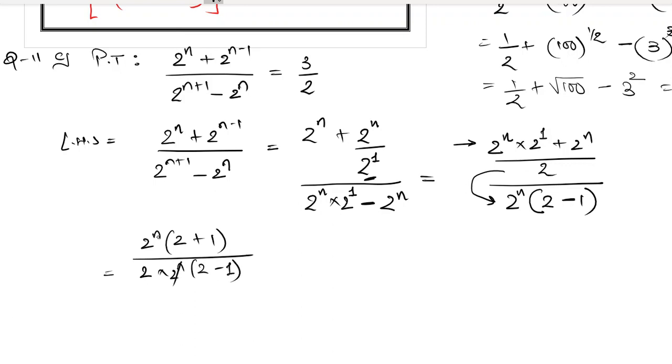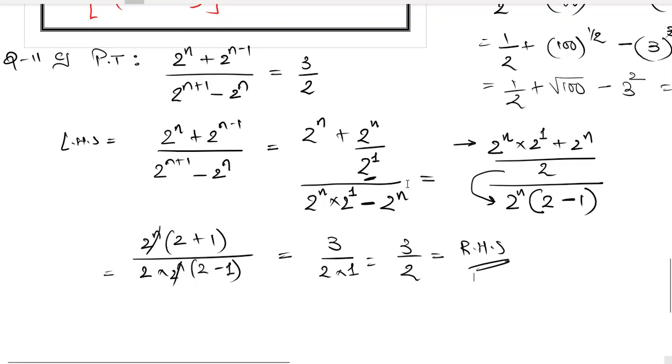So 2 raised to n, 2 raised to n gets cut. 2 plus 1 is 3, and in the denominator I'm going to get 2 into 2 minus 1 is 1, which is 3 by 2, which is nothing but your RHS. Solved, easy, understood. If you don't understand, look at the video again, look at the method again, try again yourself. You will understand.